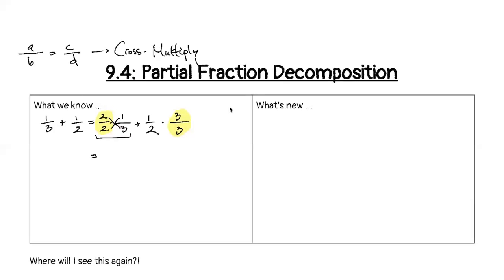But if there's no equal sign between my fractions, if I have a over b times c over d, then I just multiply across, so a times c over b times d.